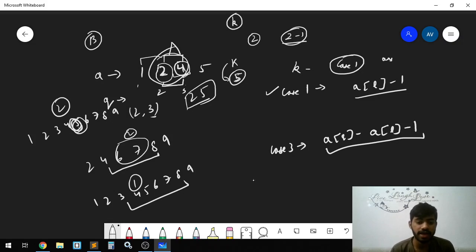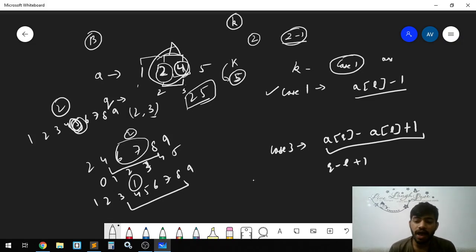Then how many elements are there in between? I can find that through the index: 3 4 5. So the number of elements present between these two is r minus l plus 1. Sorry, this is plus 1 because I have to include these two elements also.